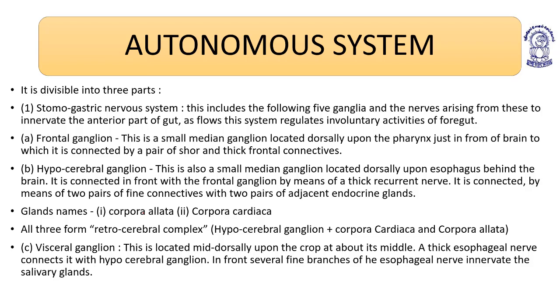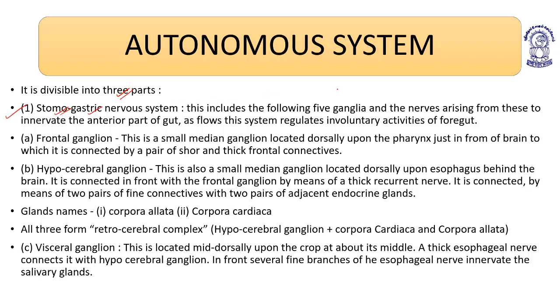Now comes the autonomic nervous system, or the ANS. It is divisible into three parts. First, the stomodaeal or stomogastric nervous system, which is part of the autonomic nervous system.